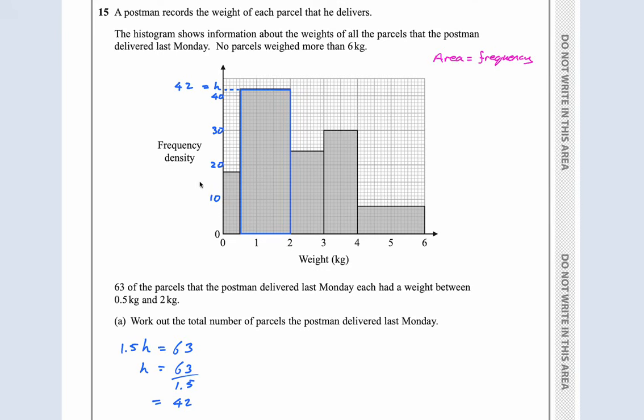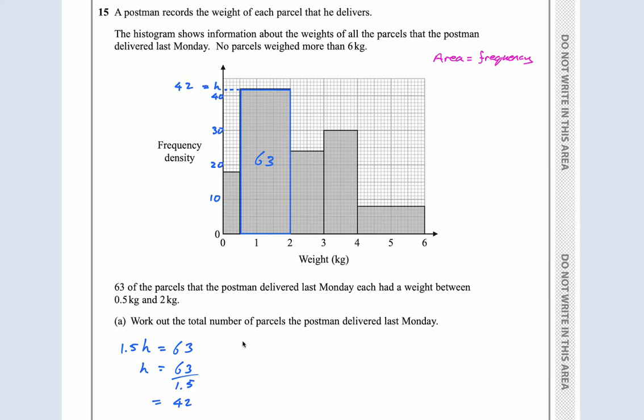Okay, that's helpful, because now to get the total number of parcels delivered, I'm going to get the area of all of these bars. This plus this plus this plus this plus this. Now this area we know is 63. This area is 0.5.